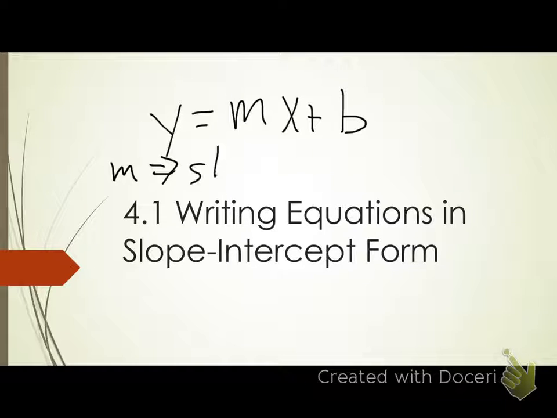Slope. What does my B represent? Your y-intercept. What is a y-intercept? Where it crosses the y-axis. Where my graph is crossing my y-axis. Very good. Today we're going to be writing our equations in slope-intercept form.